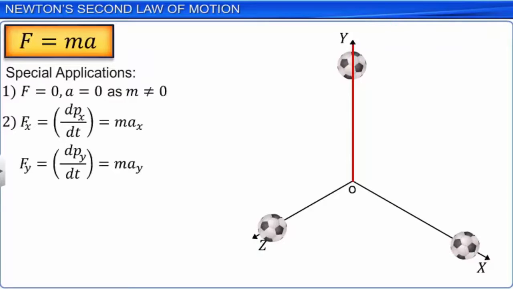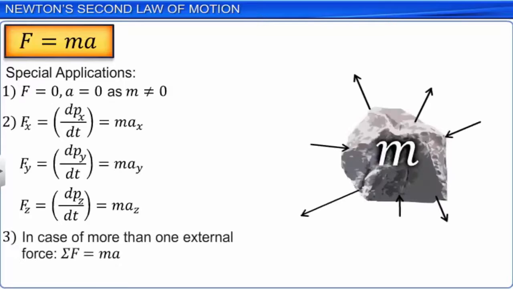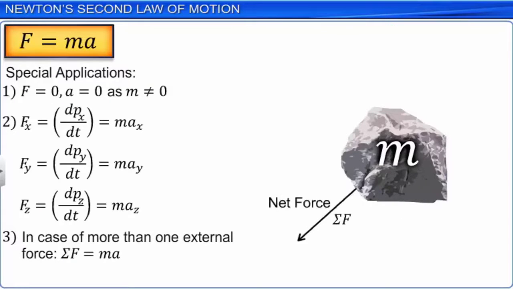Fz is equal to dpz by dt, which is equal to maz. F here stands for external force acting on the body. When a number of forces are acting on a body, we should take the net force in the equation as sigma F is equal to ma.